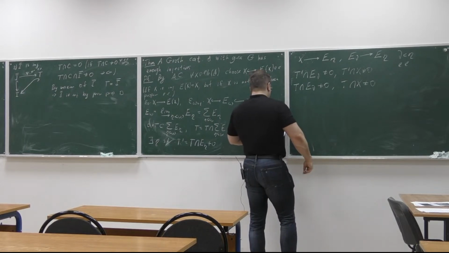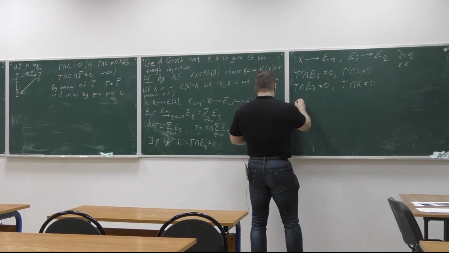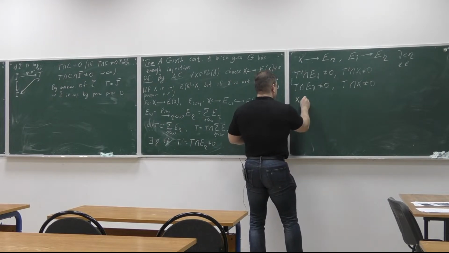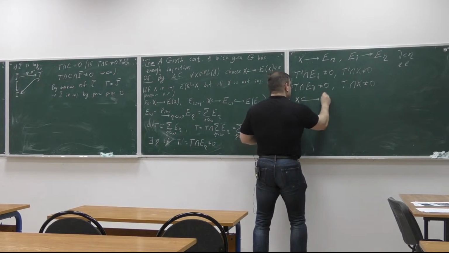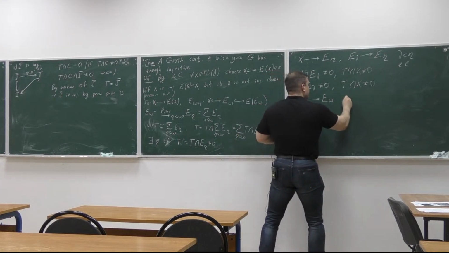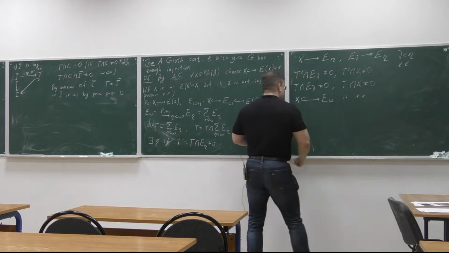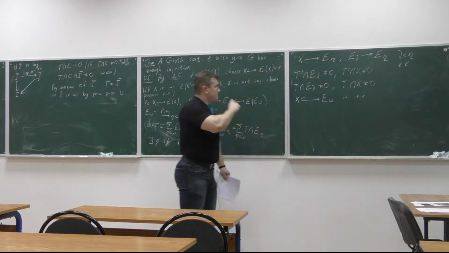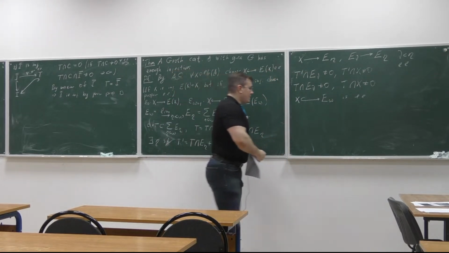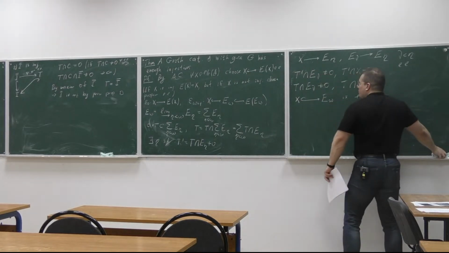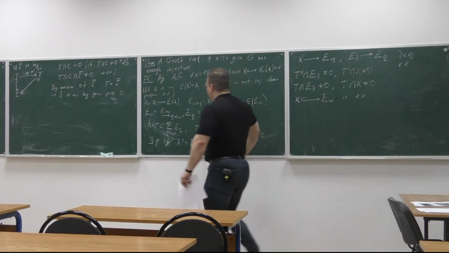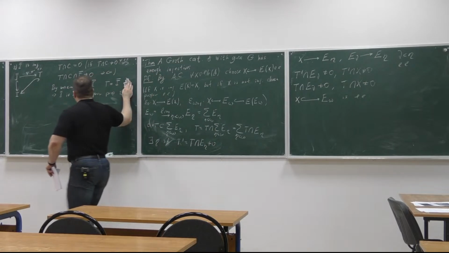Well, and this means that the map X, which is embedding into the E omega, is the essential extension. So this is kind of the first part of the argument, working with these chains of extensions.